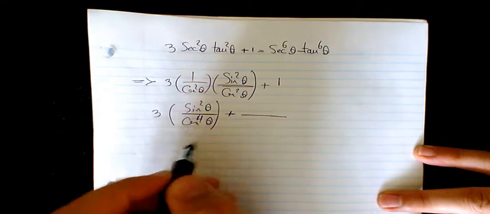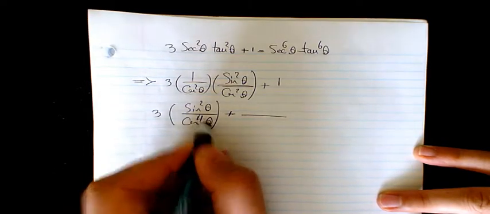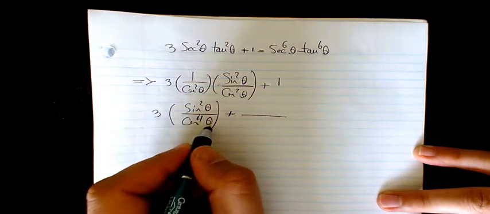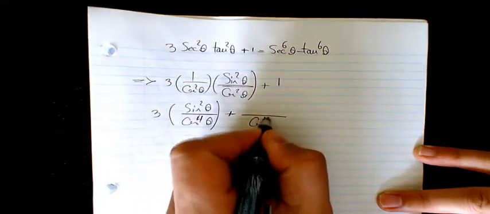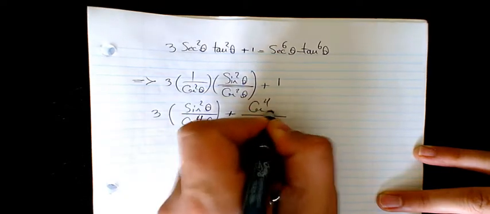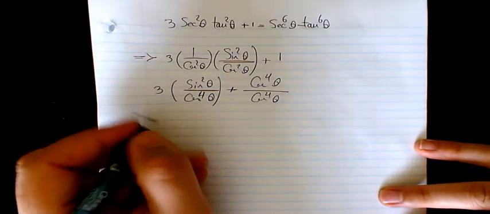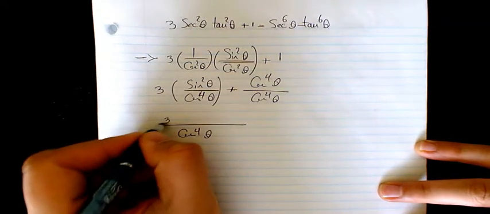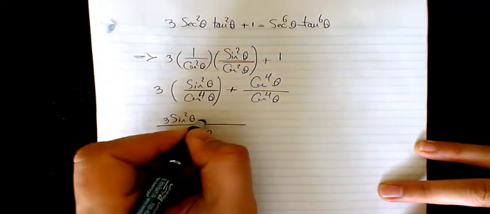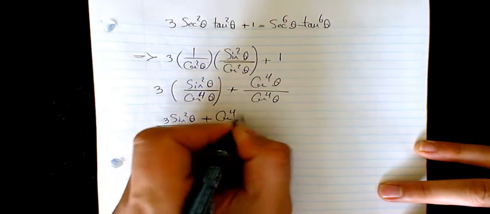Since I have cosine to the power of 4 theta, I can write the same thing here. For 1, I can write cosine to the power of 4 theta divided by cosine to the power of 4 theta. So it will be cosine to the power of 4 theta, 3 sine squared plus cosine to the power of 4 theta.